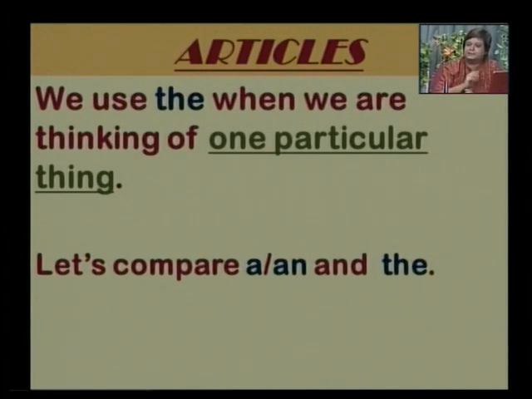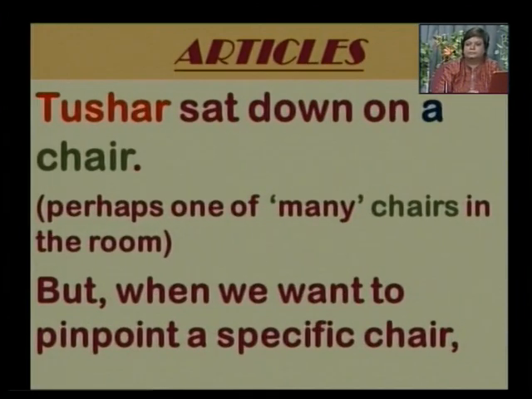All right. Let us compare a, an and the. Tushar sat down on a chair. The explanation is given below in brackets: perhaps one of the many chairs in the room. There are many chairs in the room. Tushar sat down on a chair. He sat on any one chair. We get no specification of which chair he sat on. He sat down on any one of the many chairs present in the room.